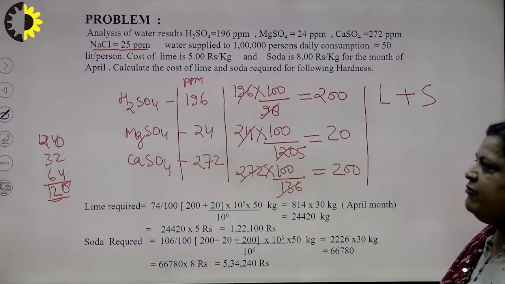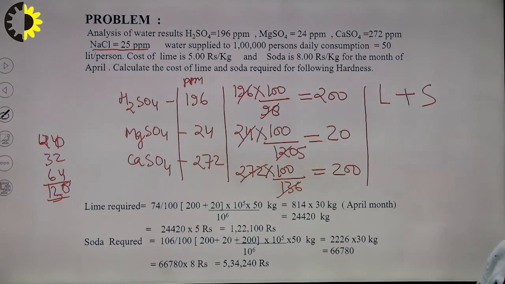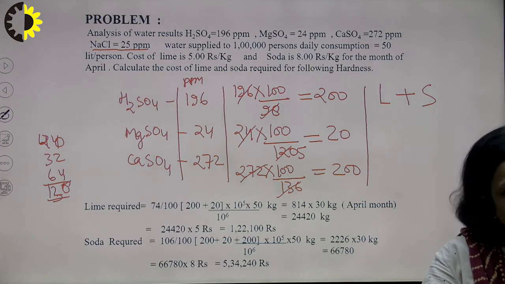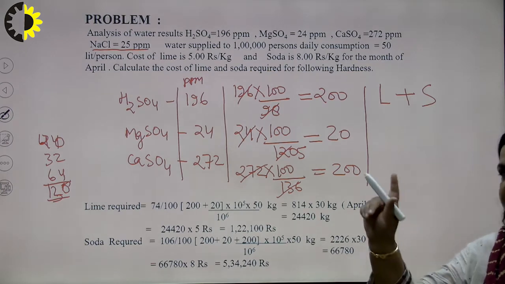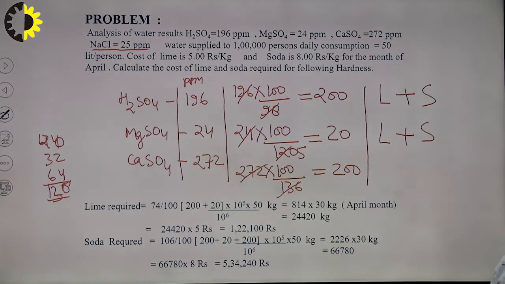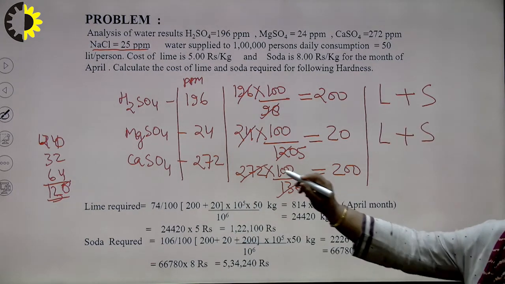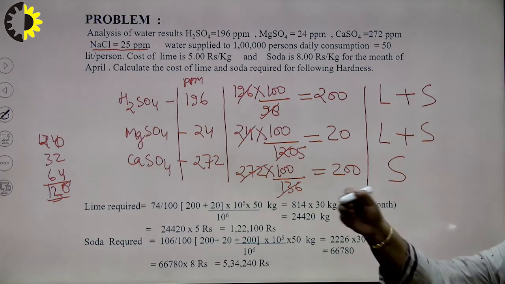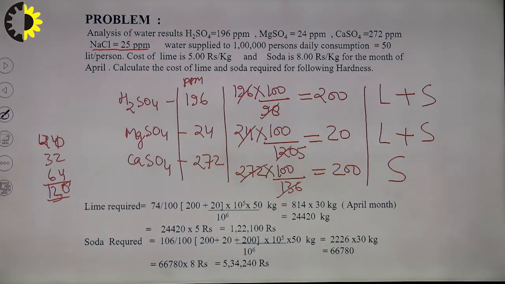For magnesium sulphate, for magnesium bicarbonate 2L, otherwise for all magnesium L plus S. So, here again L plus S. For calcium sulphate, if we write the reaction, calcium means carbonate, so directly just we can see this, so S. So, this is the requirement of lime as well as for soda.